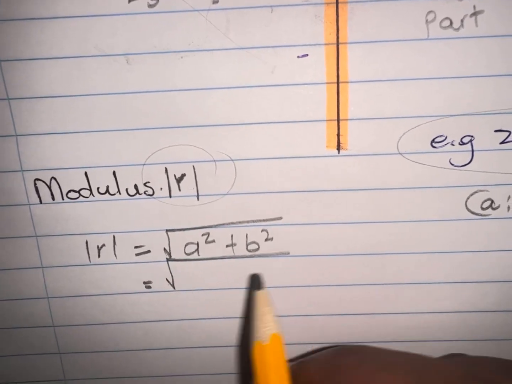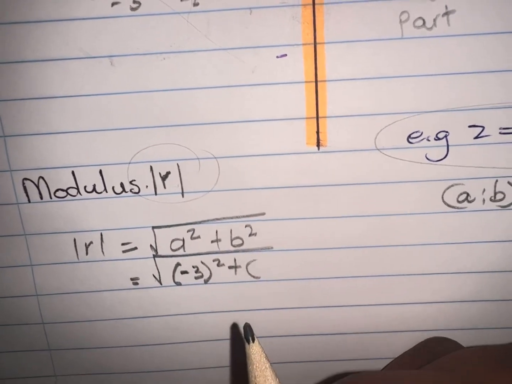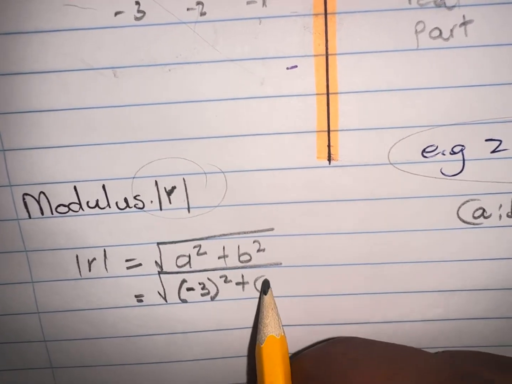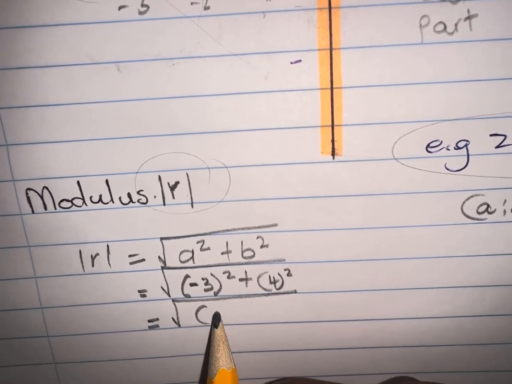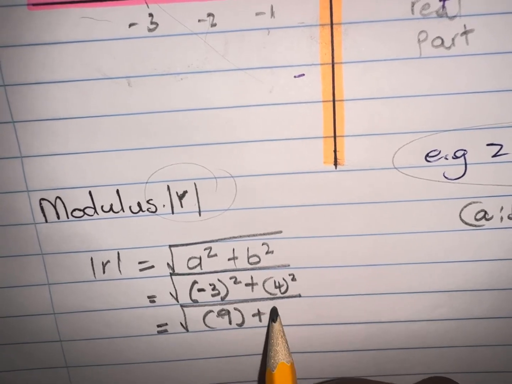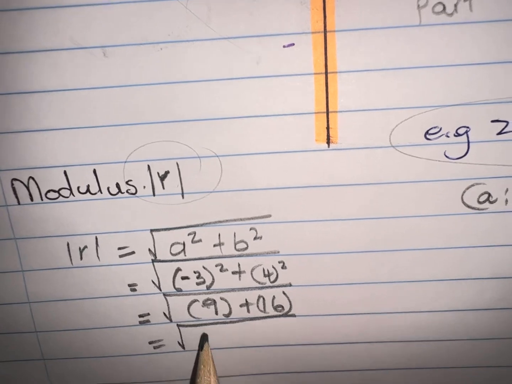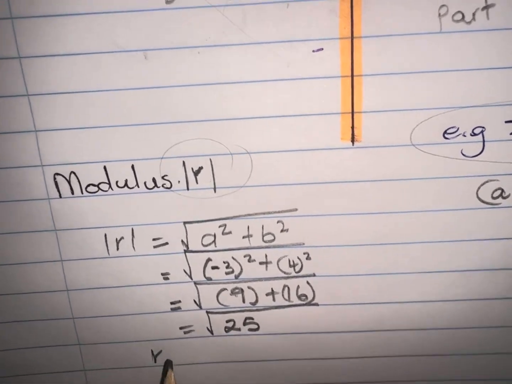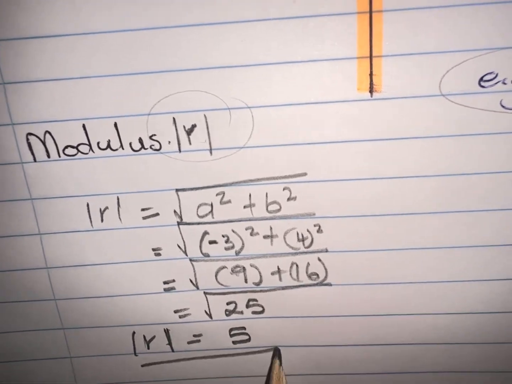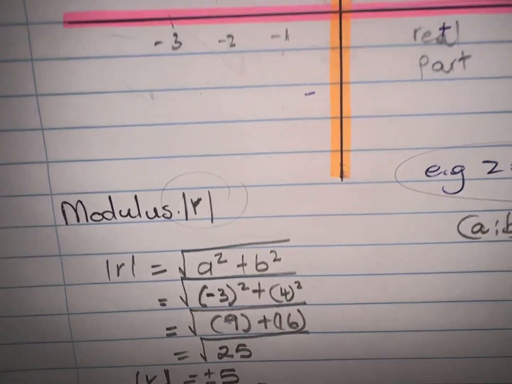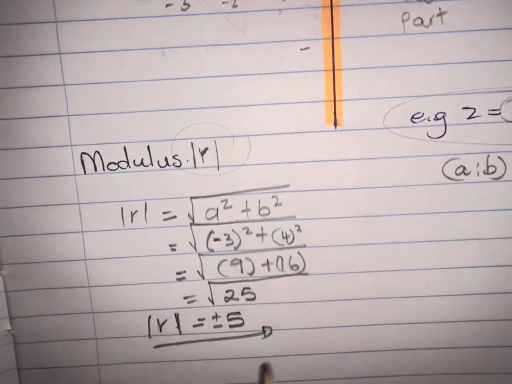The square root of the value of a, -3, squared, plus the value of b, 4, squared. Then we have the square root of 9 plus 16, which will be 25. It simply means that our modulus value will be 5, plus or negative. It does not matter, but that is where the value of the modulus will be.